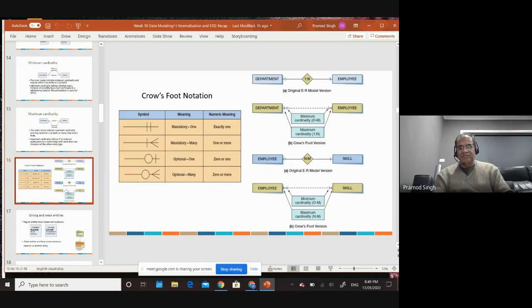And the bottom two diagrams, employee and skill, show a many-to-many relationship, with cardinality 0 to many, optional to mandatory, and mandatory to optional kinds of relationships shown in the diagram here.